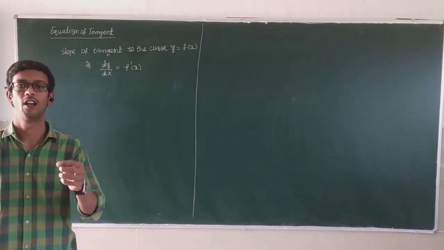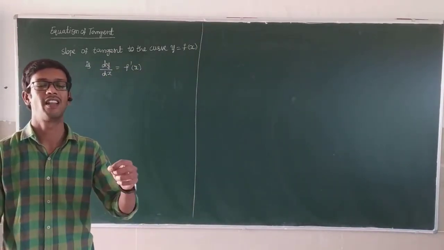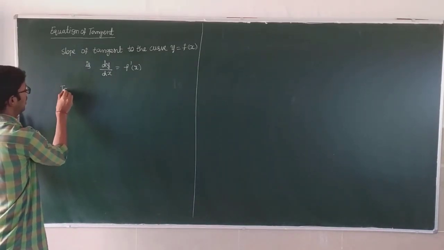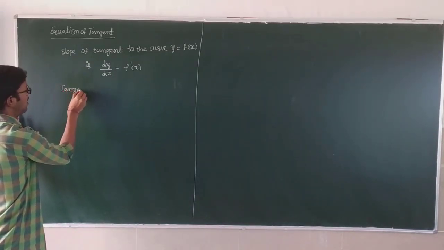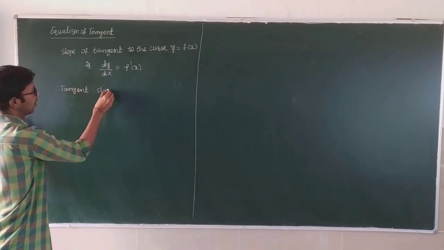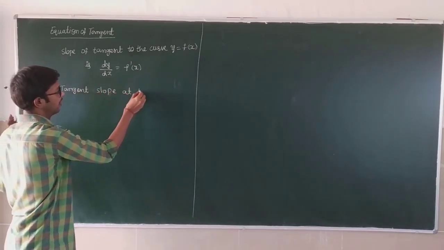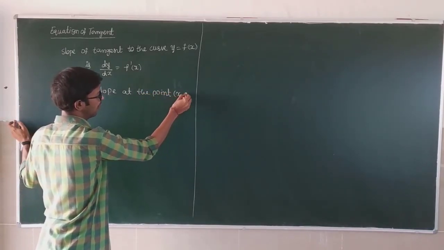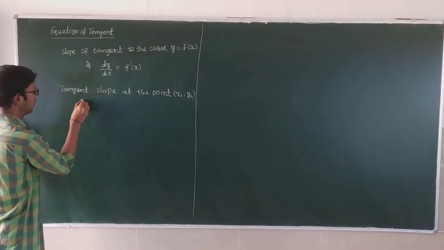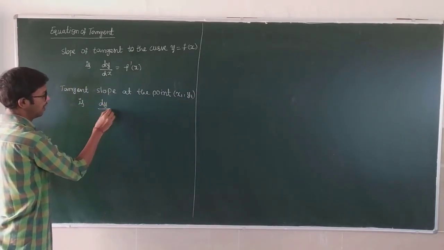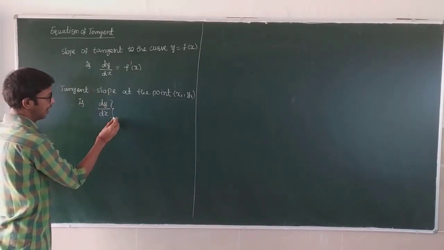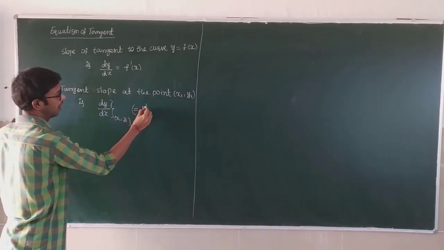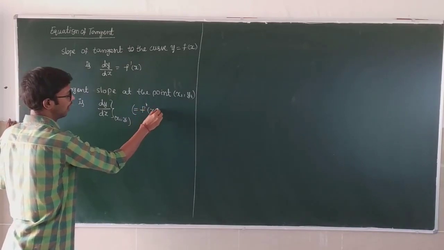Curve derivation means tangent slope. You will get the tangent slope at the point x1 comma y1 is dy by dx at x1 comma y1, that is nothing but f dash of x1.